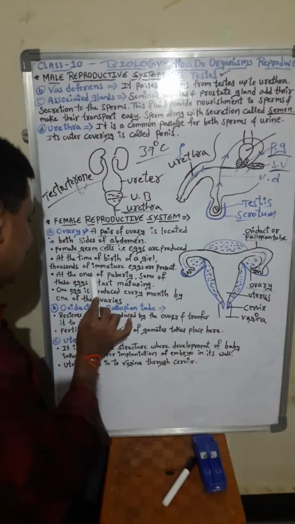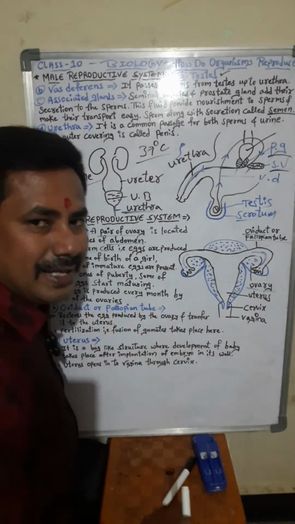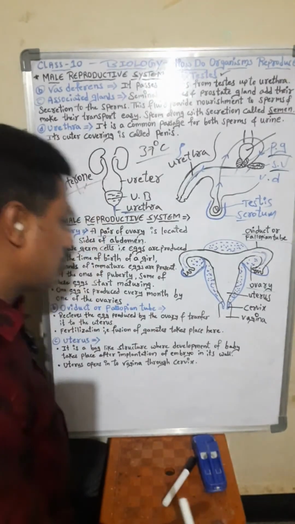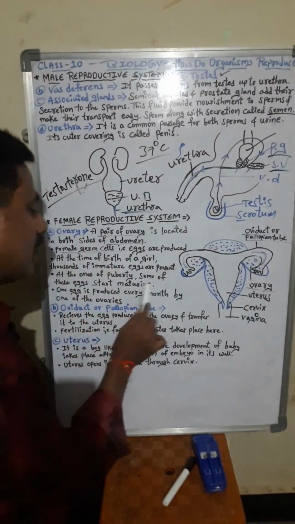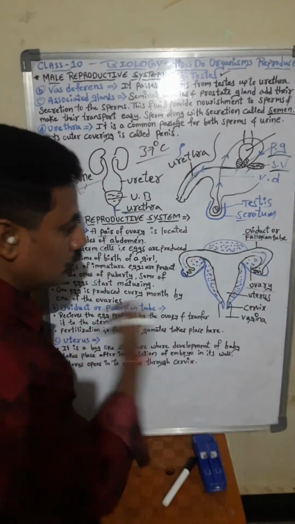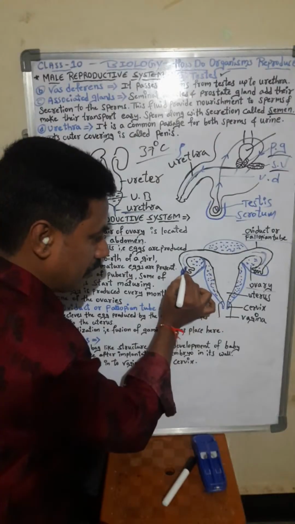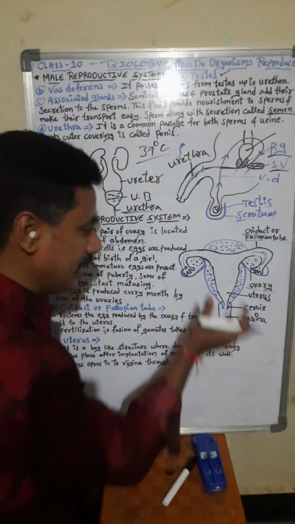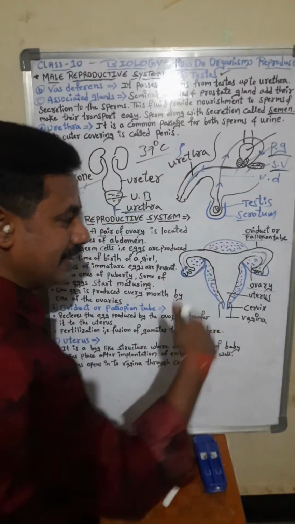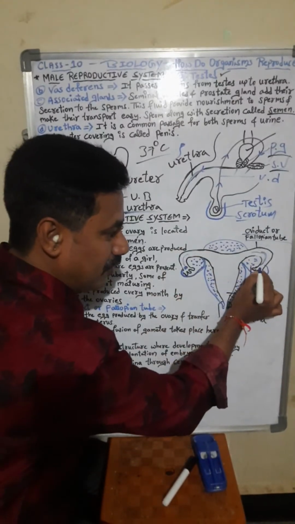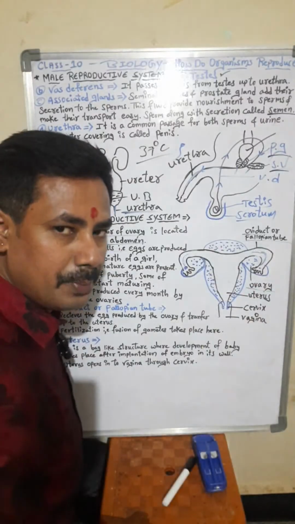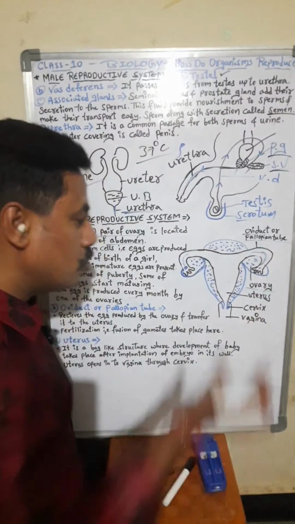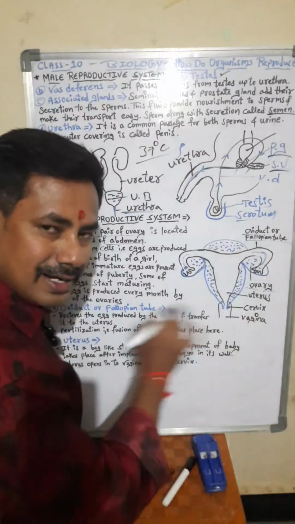At the onset of puberty, puberty means teenage, what happens? Some of these eggs start maturing. So one egg will come to this fallopian tube. During puberty, one egg will come here, and the next month another egg will come from the other side.